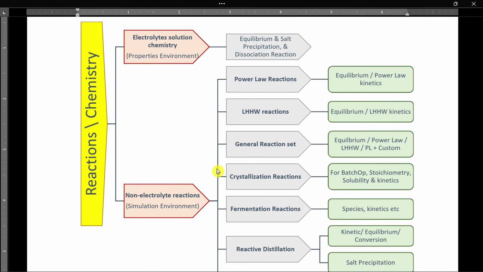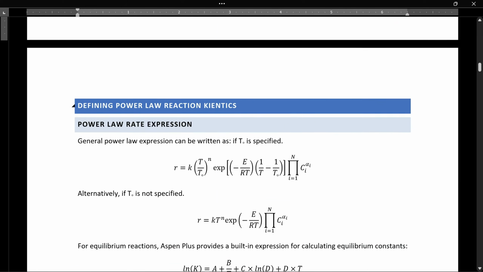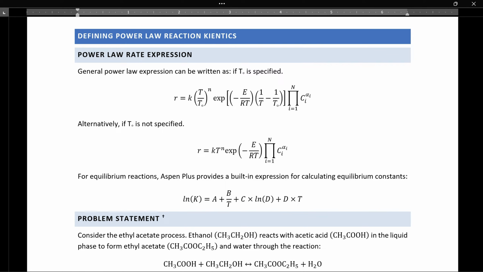For this tutorial, we will practice how to define power law reactions and LHHW reactions in Aspen Plus, and then we will simulate CSTR and plug flow reactors. The power law expression can be defined with the reference temperature specification or without it. The general expression is common to most of the reactions.